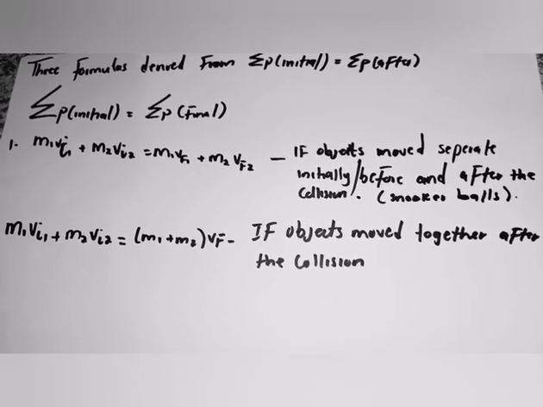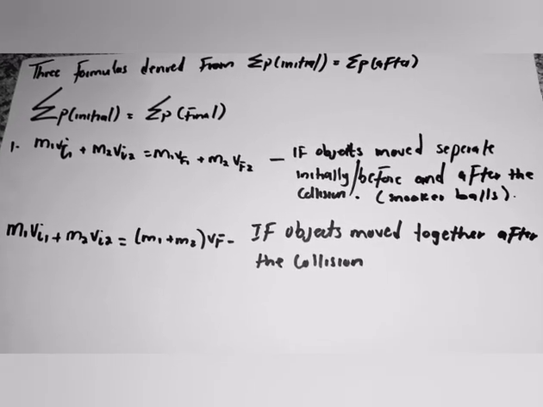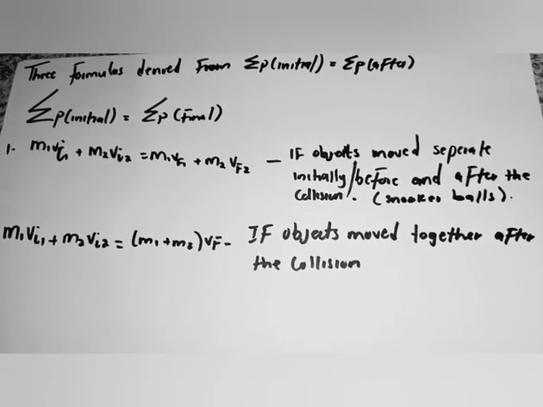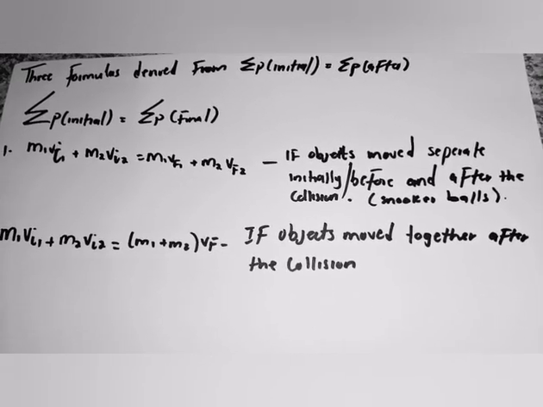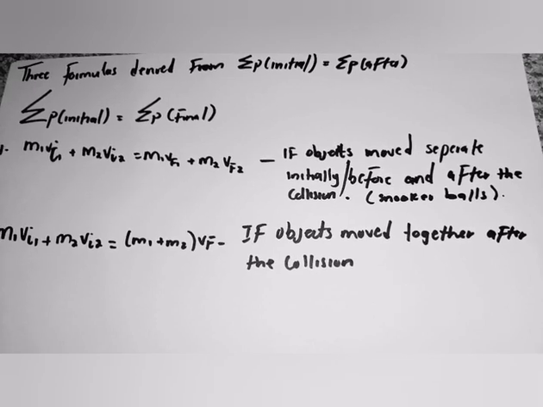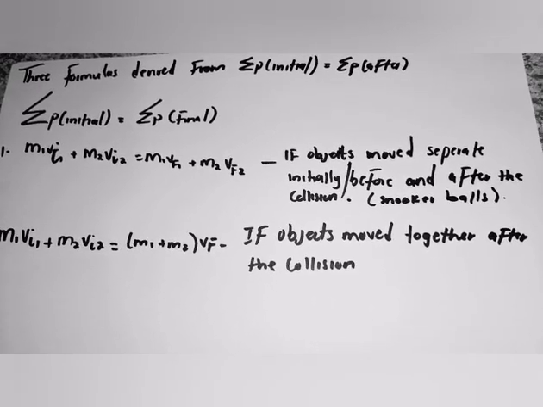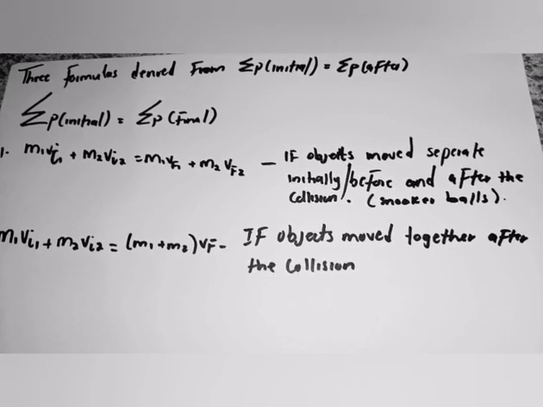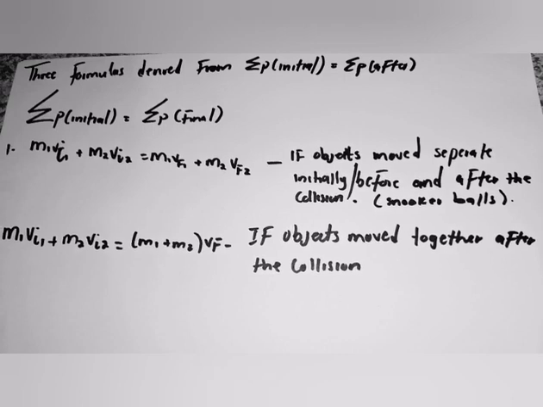Now use this formula to calculate mass or velocity if objects moved together after the collision. For an example, as I made that example of throwing an object inside a trolley, when I throw it inside the trolley, they will move together.